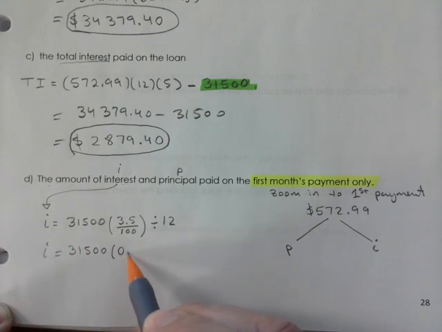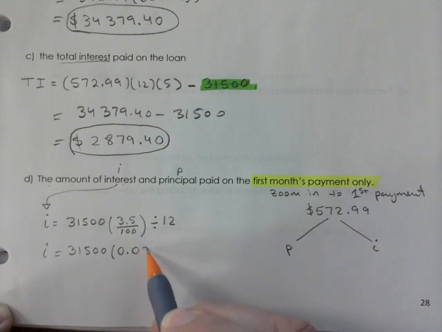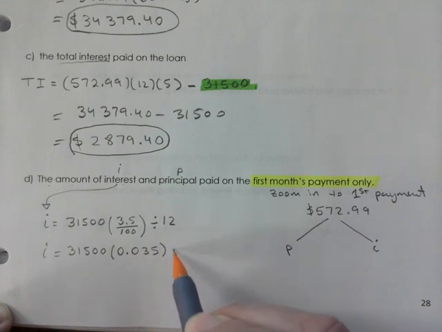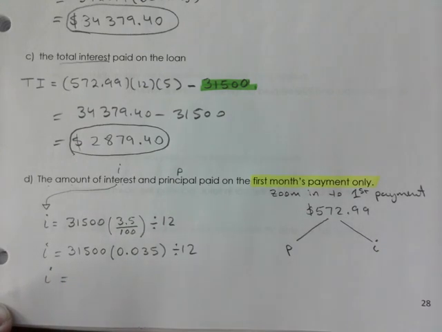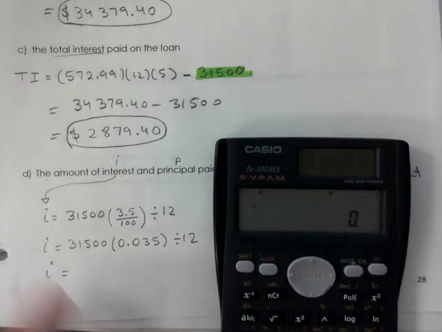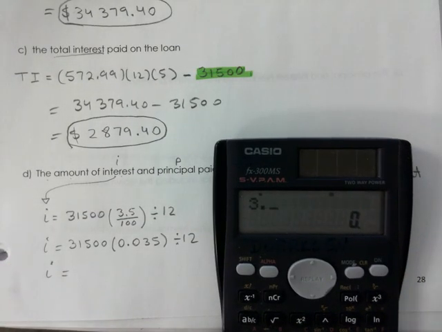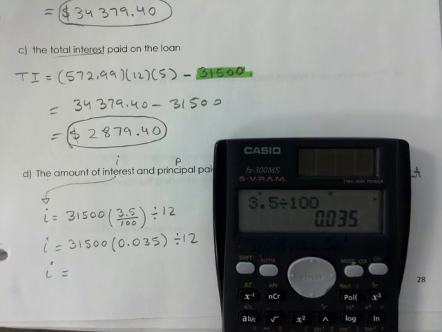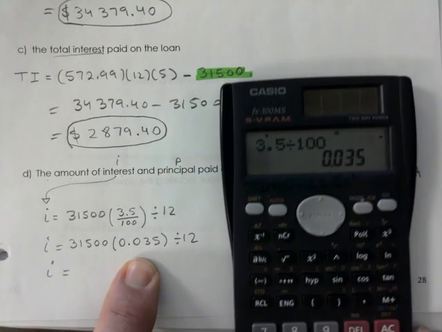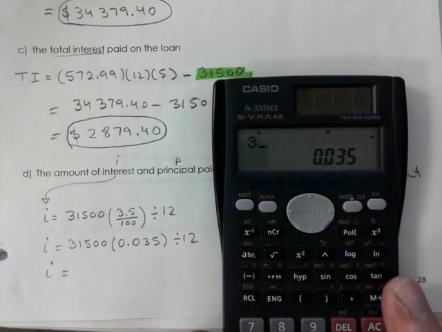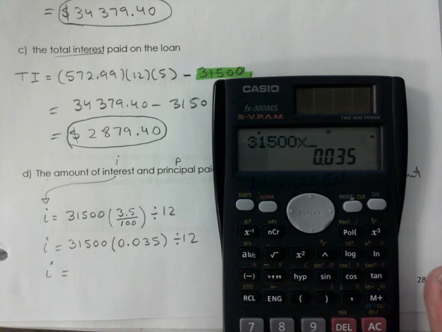This ends up being 0.035, all of that divided by 12. So the 3.5, I think everybody knows this one. That's what I get for my interest rate. And then it's 31,500 times 0.035, all of that divided by 12.